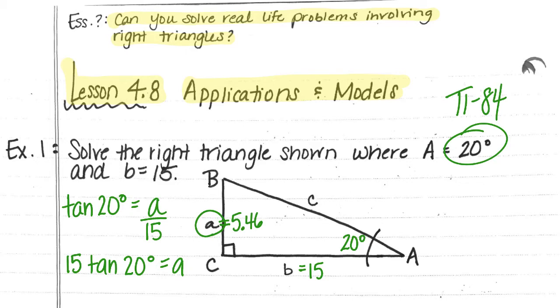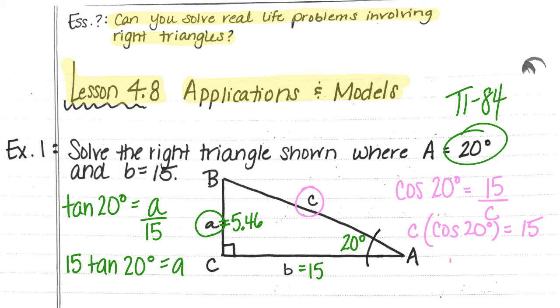So I do know what A is. Let's see if we can find what C is. Well, I have adjacent over hypotenuse. SOHCAHTOA, I know that the cosine of 20 degrees is equal to adjacent over hypotenuse. When I multiply each side by C, notice that I have to put the C in the numerator first.